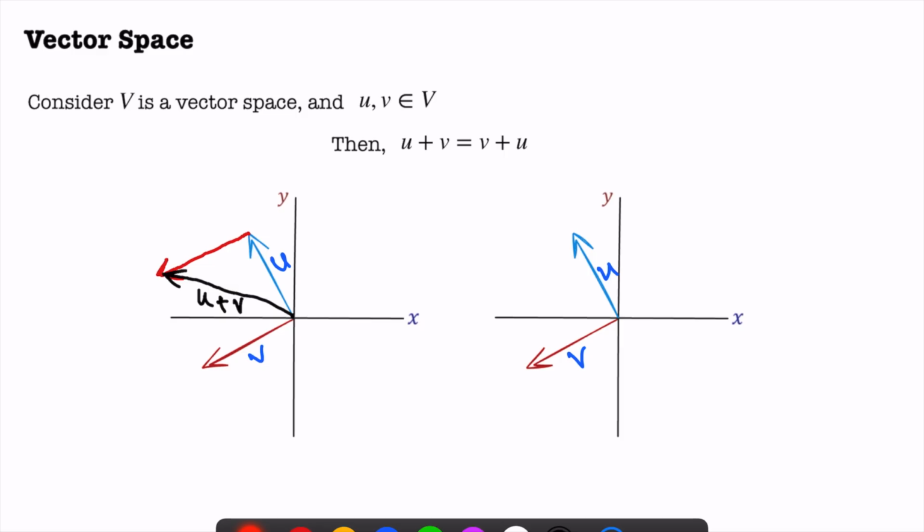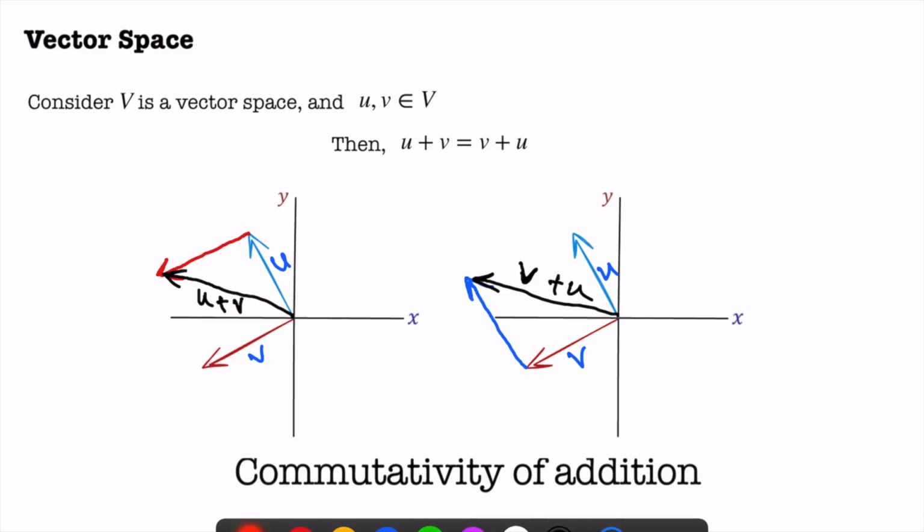I'm not drawing the line properly, but you are getting the idea, right? So this is u plus v, and on the right side we'll add v plus u, meaning we'll move u and place it at the tip of v, and this is our resulting vector v plus u. This u plus v and v plus u are the same, and it should be the same. This property is called commutative nature of addition.